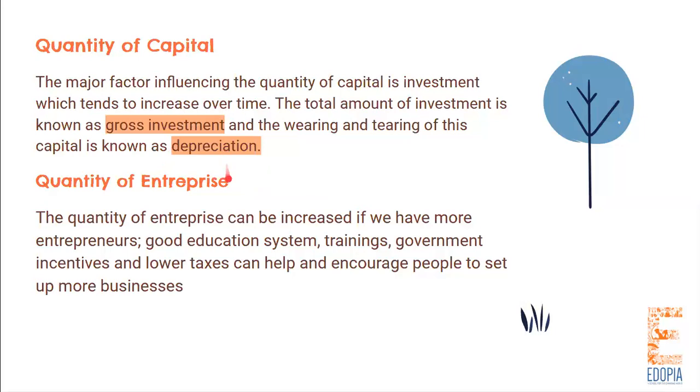The total investment that you make in a business is known as gross investment. And when that particular machinery becomes obsolete or worn out, that is known as wearing and tearing of capital, which is called depreciation.